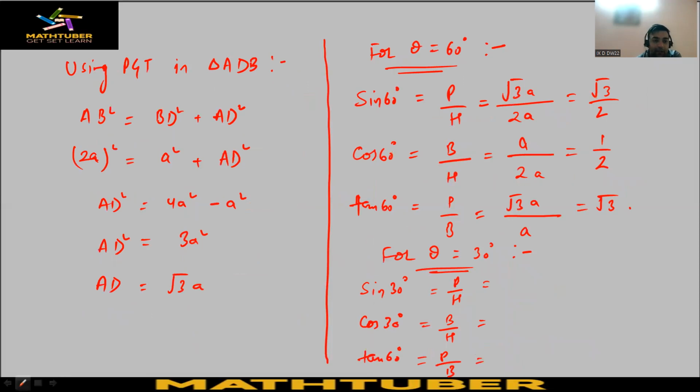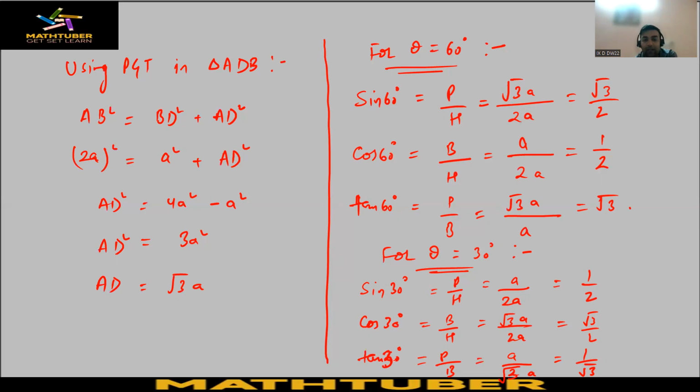So perpendicular's length is A, hypotenuse is 2A. So it will become 1 upon 2. Here base is root 3A upon 2A, which is equal to root 3 upon 2. And perpendicular is A and this is root 3A. So it will be 1 upon root 3, right? So these are the values for sine 30, cos 30 and tan 30 degree.